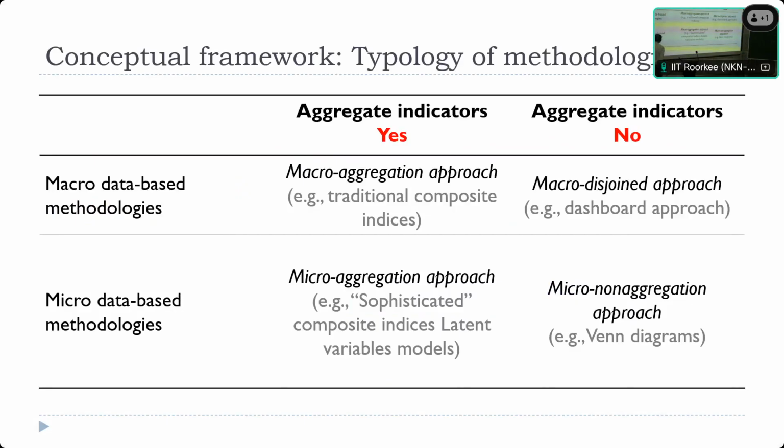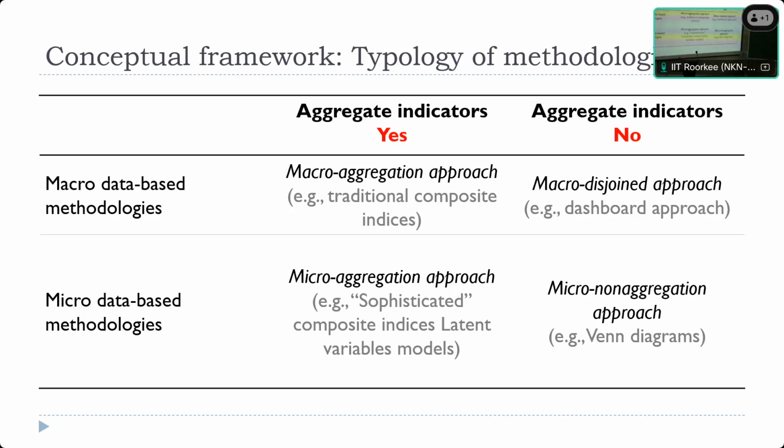You have 2 options: either aggregate them or leave them separate. So the decision is either aggregate yes or no. Second, whether they are based on macro data or micro data. They are all different typologically, so we should not get confused.